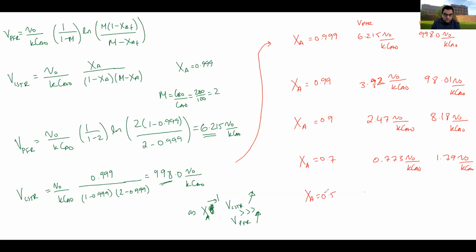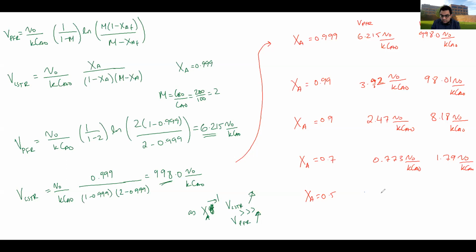Is there a crossover point? Let's try this just out of curiosity. 2 times 1 minus 0.5 divided by 2 minus 0.5, and then answer.